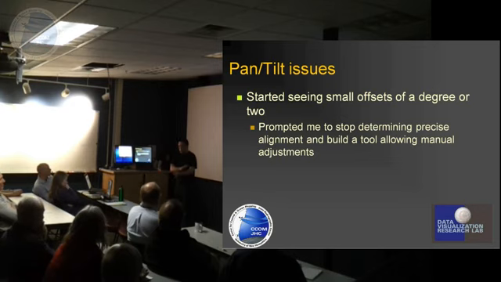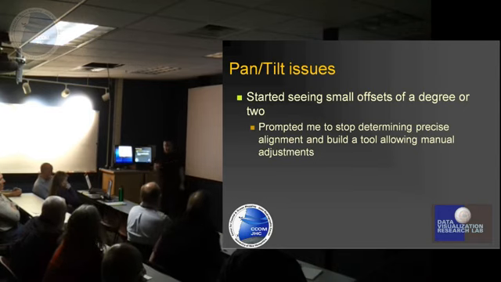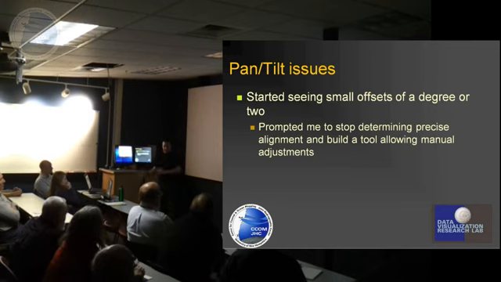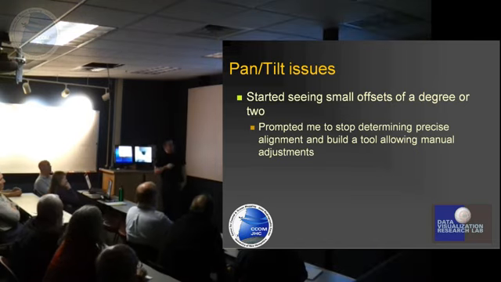That means the whole pipeline from getting the imagery, combining the navigation, and producing a map should all be automated. There's no room for error, until I found that there was error in my pan and tilt, which basically tells me where the camera's pointing. So I had to throw away my automatic processing chain and build a tool that will allow me to handle that.